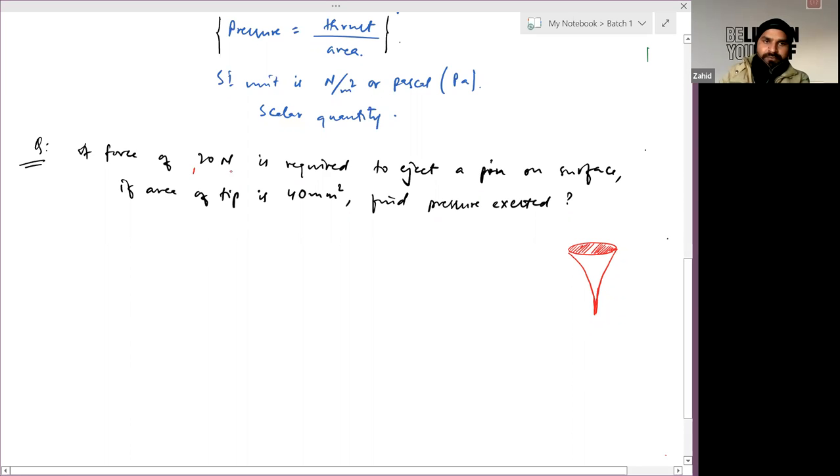We have force and area of cross section. Just put these two values.